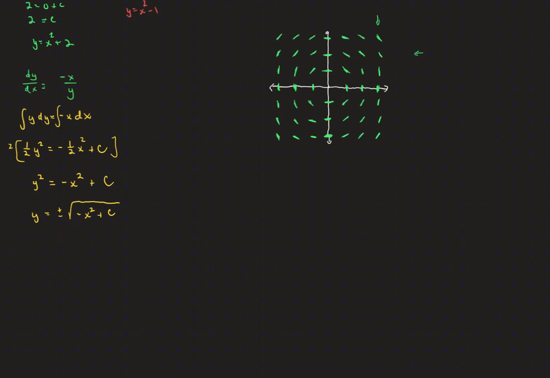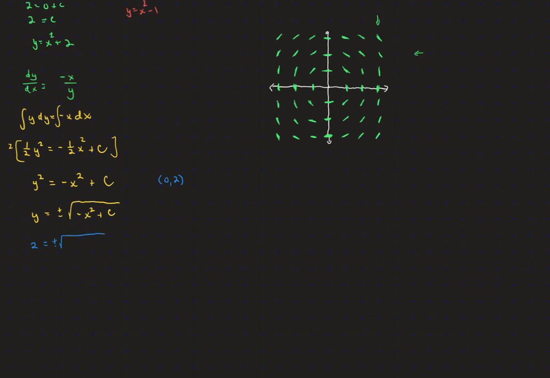So what we're going to see is, and I'm going to give you a couple of different initial conditions. So for one, let's say that we have an initial condition that's going to be, say, (0, 2).